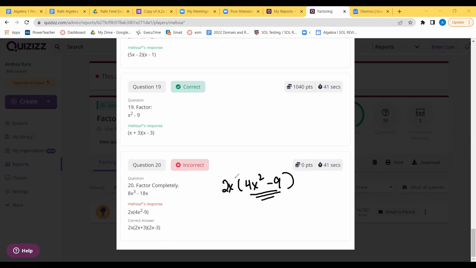In this case, we have the difference of two squares. 4x squared is a perfect square, and we know that 9 is also a perfect square. It's a difference because it's a subtraction. So you leave your GCF out and then set up your other two parentheses. Then you take the square root of 4x squared, which is 2x, and put that in both. Then the square root of 9, which is 3. And then you add a plus and a minus. And that's your difference of two squares.